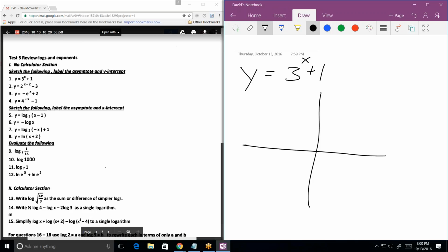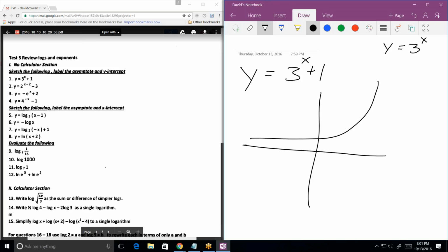Best way to do this is to use the parent function. What's the parent function? y equals 3 to the x. In other words, here's the parent function, y equals 3 to the x. Any exponential function always looks like this, right?